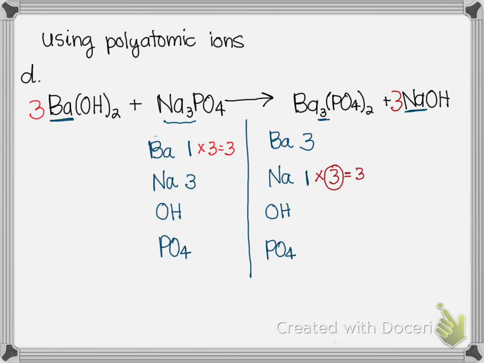Then I would do my OH. On this side, here's OH, and there's 2 of them. So there's actually 6 because I already put the coefficient there. On this side, I have 3 OHs. Now, when I look at this, to get 6 on both sides, this number would have to be a 6.